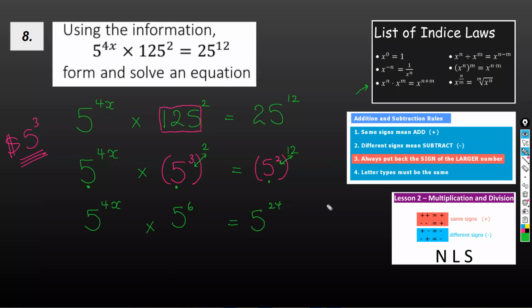All right, so we're using this rule up here. Now it's going to be very easy. Multiply means to add the powers. So we're going to end up with 4 to the power x plus 6, because we squish these 2 together and add the powers, equal to 5 to the power 24.